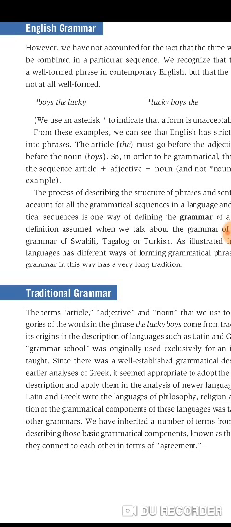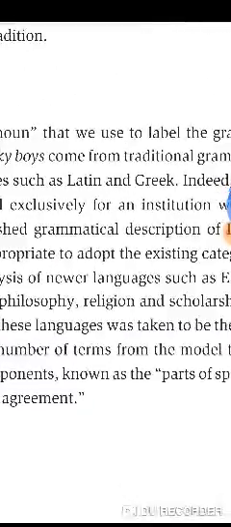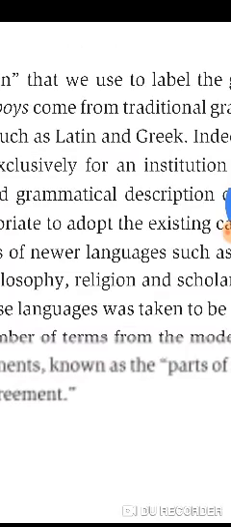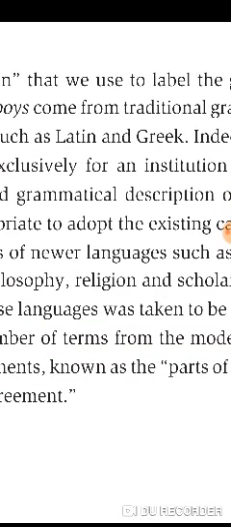So let us see what we see here. Traditional grammarians were the first to describe two languages of Europe, Latin and Greek. First, we had a grammar for Latin and Greek.